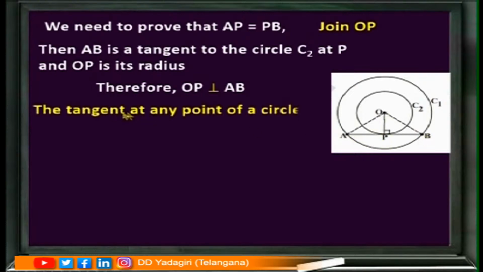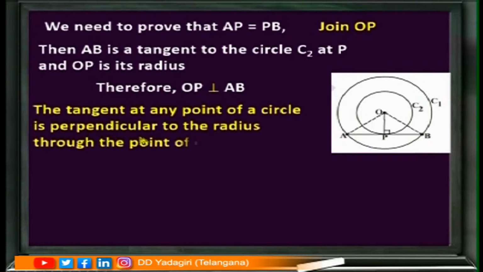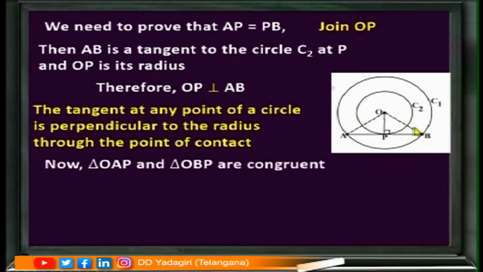We know that the tangent at any point of a circle is perpendicular to the radius through the point of contact. So, the angle at the point of contact is always 90 degrees. So, we can say OP is perpendicular to AB. Now, two triangles are formed, OAP and OPB, and these two triangles are congruent because OA and OB are radii of the same circle, and OP is a common side.